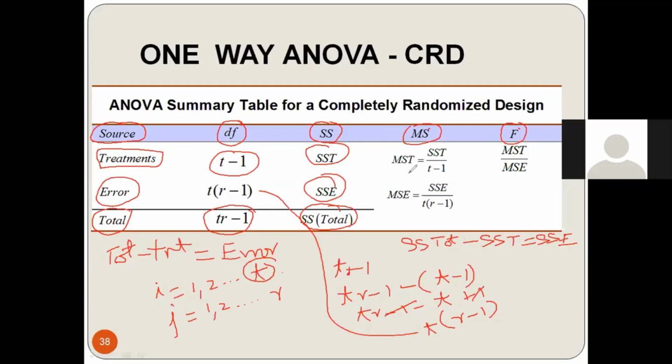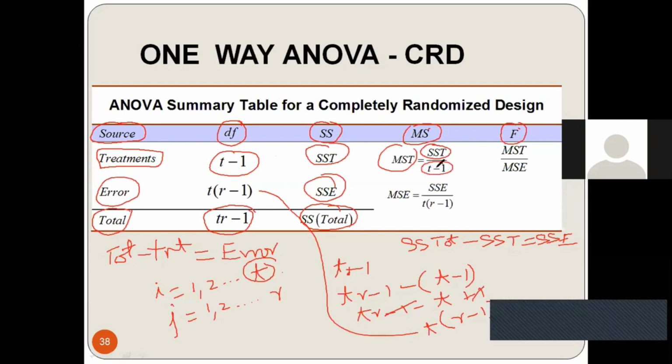All right. Now mean square. Mean square is the sums of square divided by degrees of freedom. So sums of square treatment divided by degrees of freedom of treatment gives the mean square of treatment. Similarly, sums of square error divided by the degrees of freedom of error gives the error mean square.